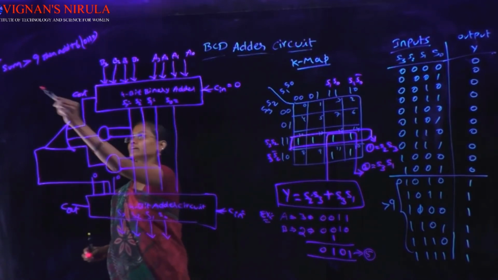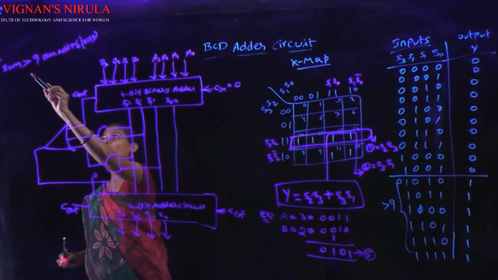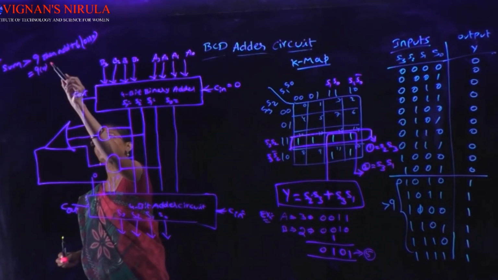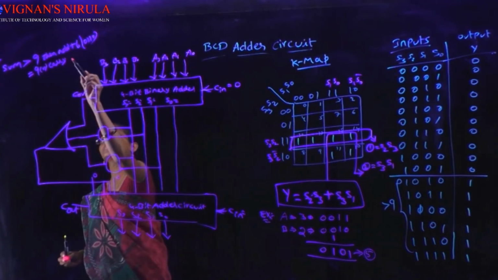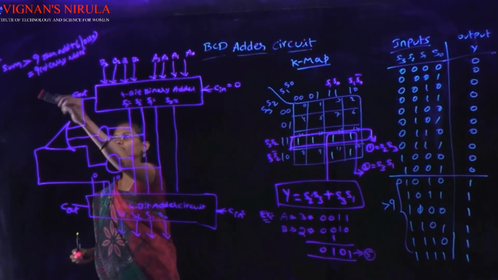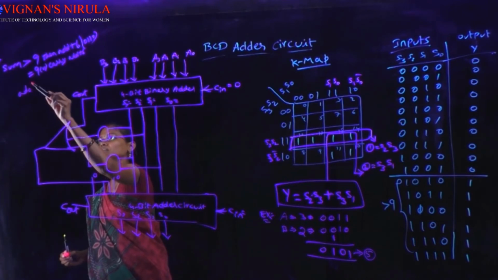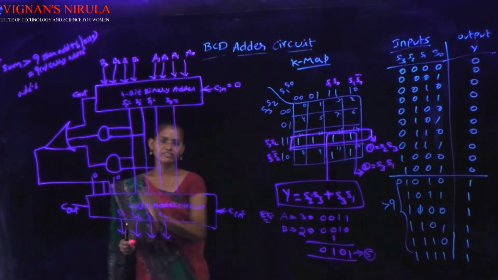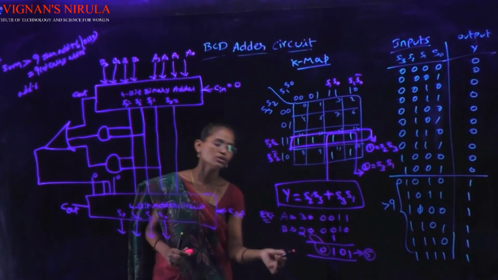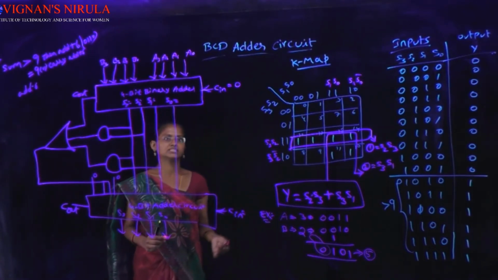If the sum is greater than 9 or a carry is there, then add plus 6. Otherwise, we add zeros in binary form. Here no carry is there, so we do not add plus 6.